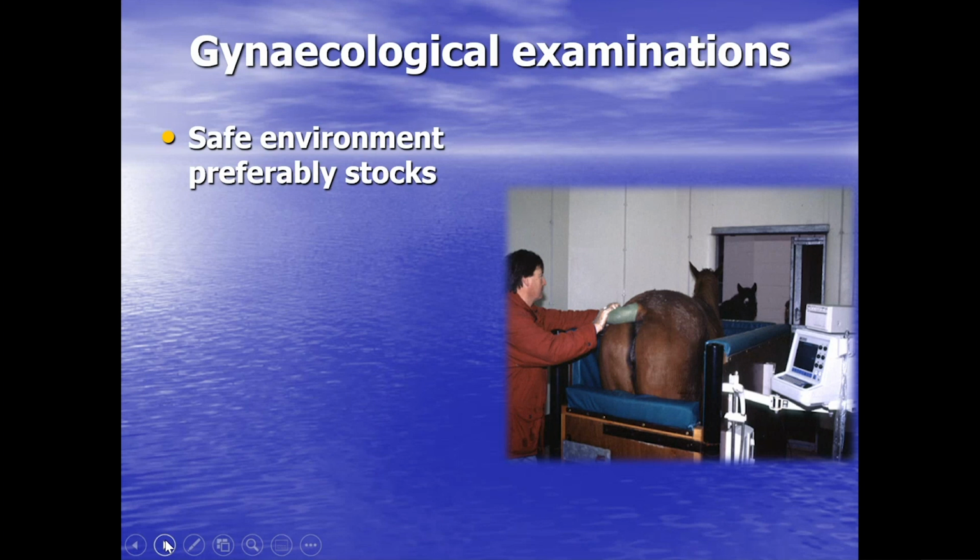But nonetheless, as a general introduction, it's very important when we're conducting gynecological examinations, no matter how much your level of experience, that you conduct them in a safe environment and preferably stocks, restraining devices, so that the mare can be examined safely and you can concentrate on interpreting the image and you're not worrying about getting kicked or the mare moving and those sort of things. Very, very important.